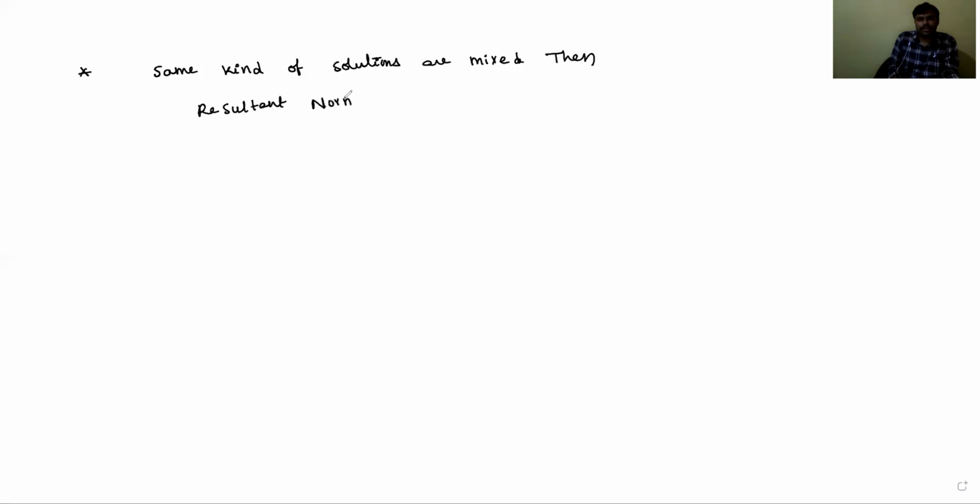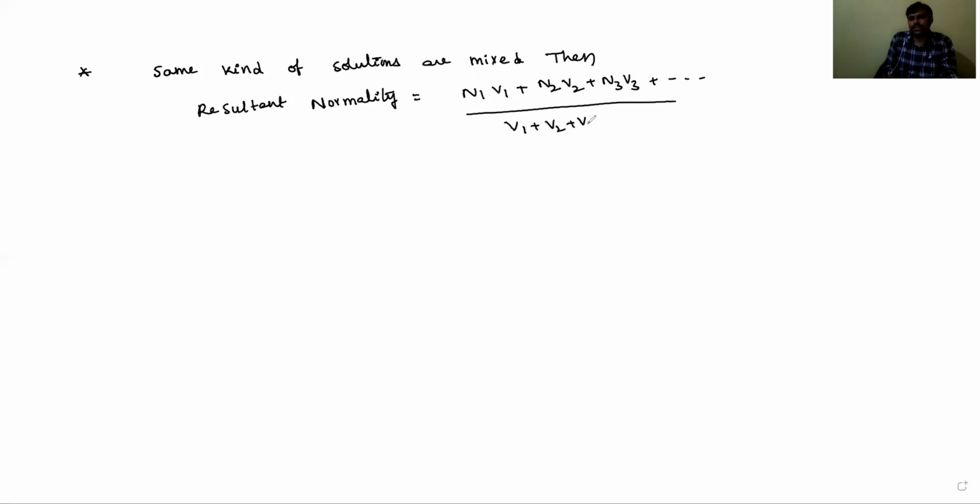If the same kind of solutions are mixed, then the resultant normality is equal to N1V1 plus N2V2 plus N3V3 and so on, divided by V1 plus V2 plus V3 and so on.